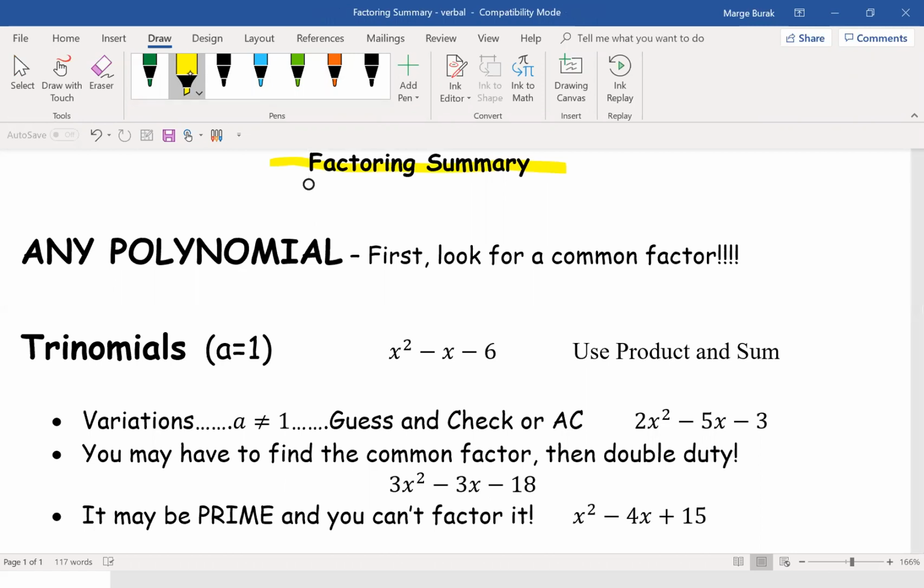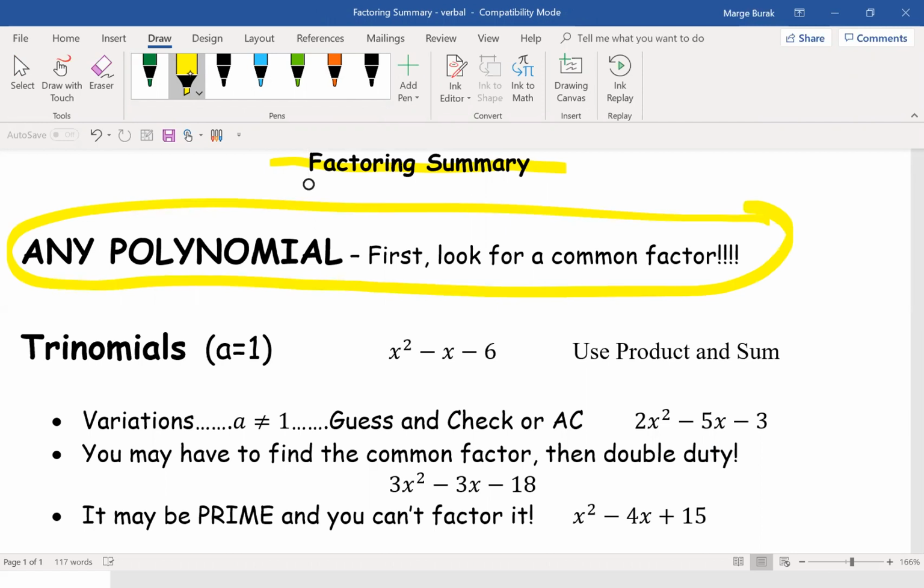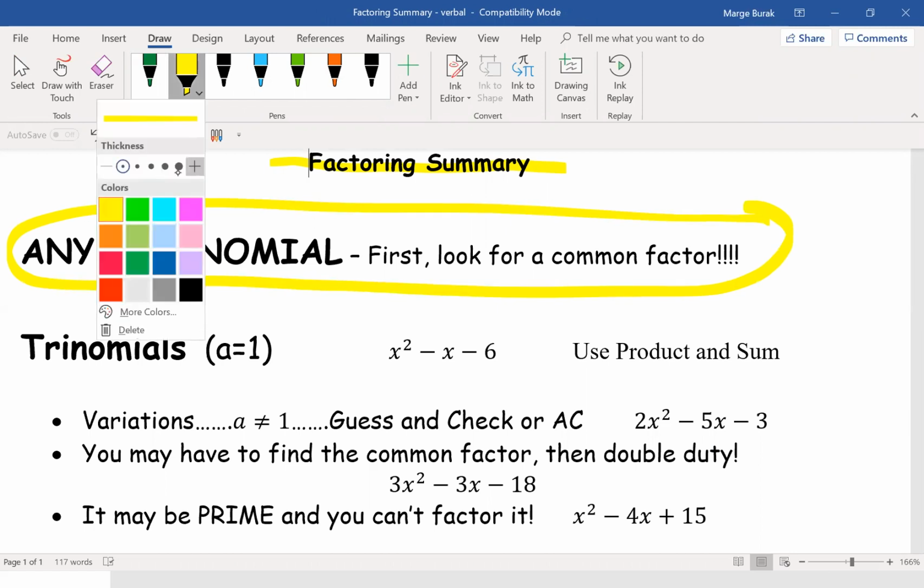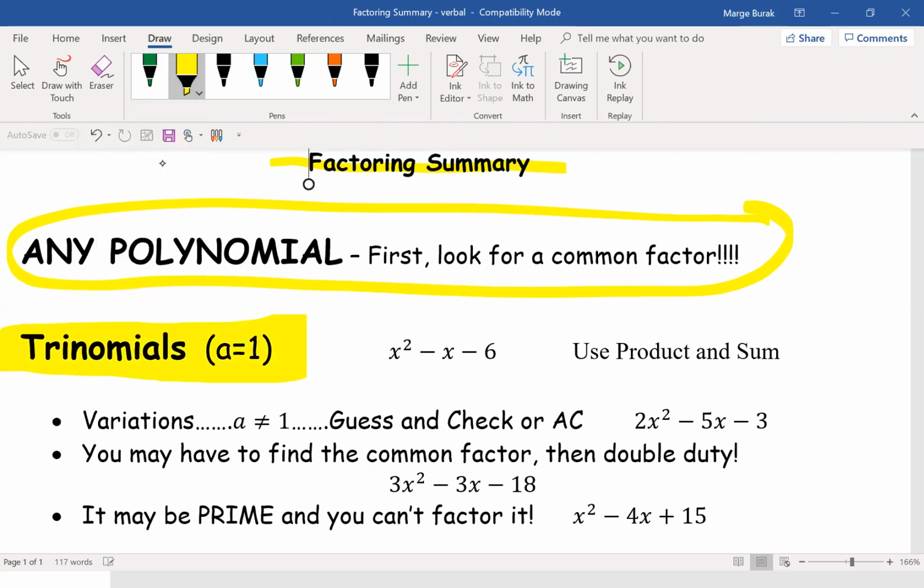If they give you any polynomial, what's the first thing you're going to do? Common factor. We got that. Now if it's a trinomial and A is 1, that's nice: use the product and the sum. We love those. Those are the most common two, you guys.